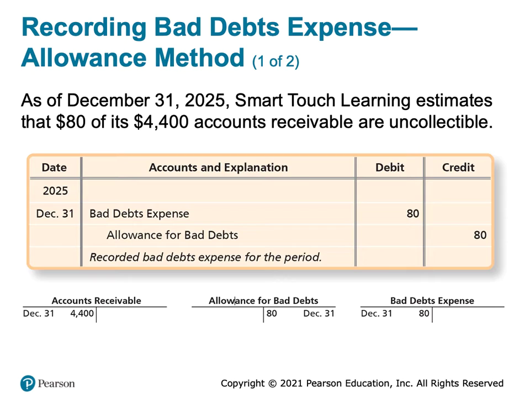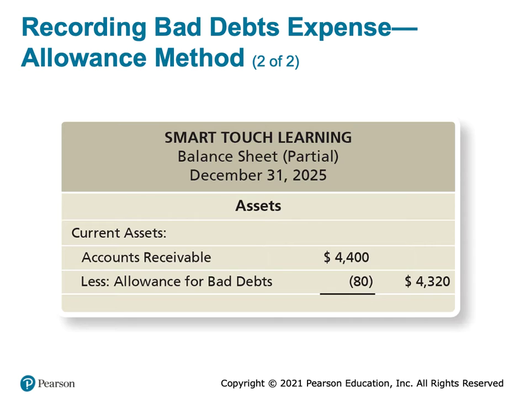And so we debit bad debt expense and we credit allowance for bad debts. That's increasing the expense in the year that those revenues were generated. And then the allowance for bad debts is a contra account, which is going to reduce our asset of accounts receivable to show the net realizable value on our financial statements, which you can see in this slide.